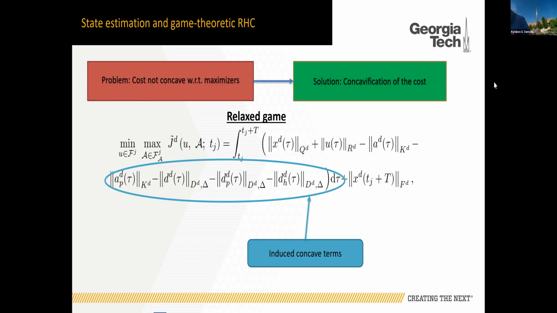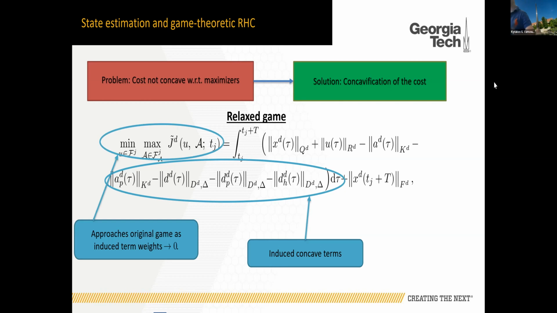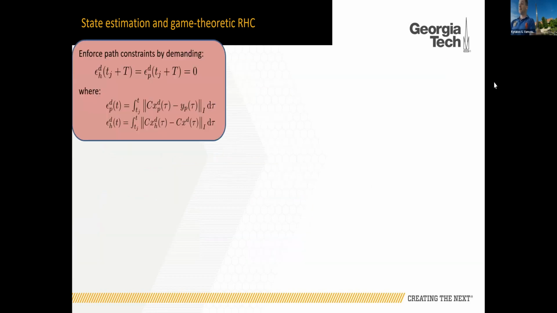And then I will see how far I am from my original game. It approaches the original game as all the induced term weights go to 0. Of course, I can do that by picking the appropriate user-defined cost matrices in this penalization.